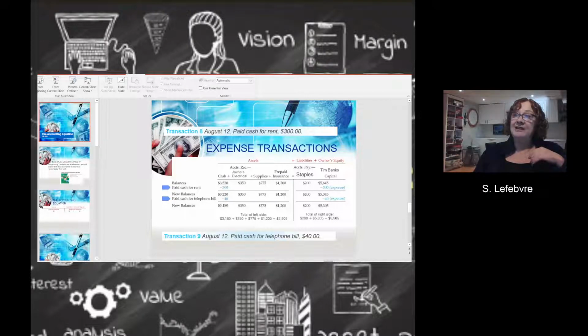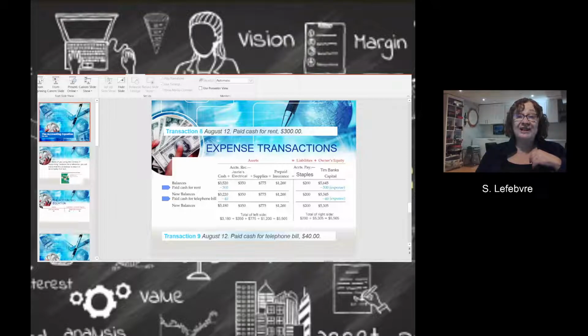Now, does rent increase the value of an asset? No, it doesn't. So it decreases cash because we're paying that. It's not affecting any of these assets, and it's not affecting our liability account. We don't owe Staples anymore.